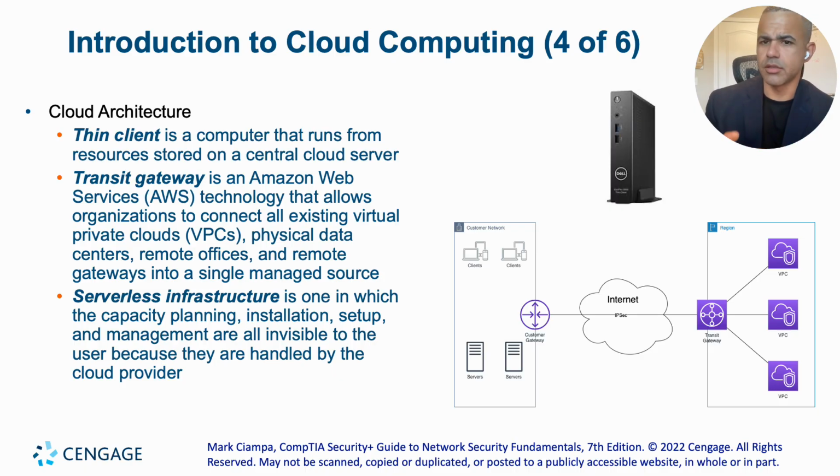There's nothing really running on the device except whatever protocols allow it to access your virtual desktop infrastructure in the cloud. Okay. Then we have something called the Transit Gateway, which allows all of the organizations to connect to all of the private organizations. Think of a transit gateway as a highway. All of the thin clients are the little cars, and they are traversing through the transit gateway to get to the services provided by the cloud infrastructure.